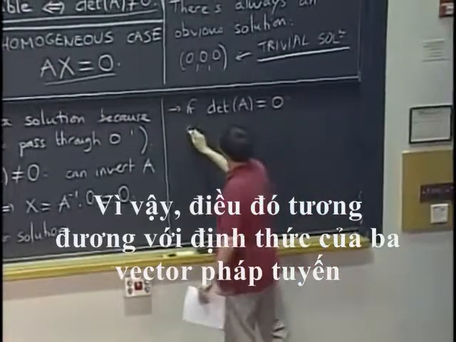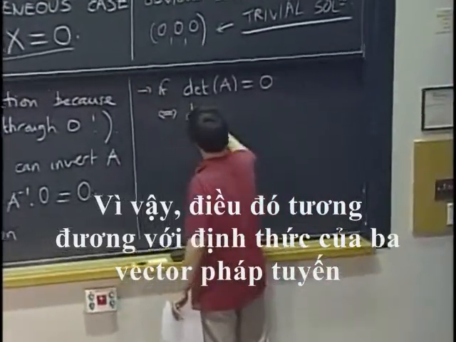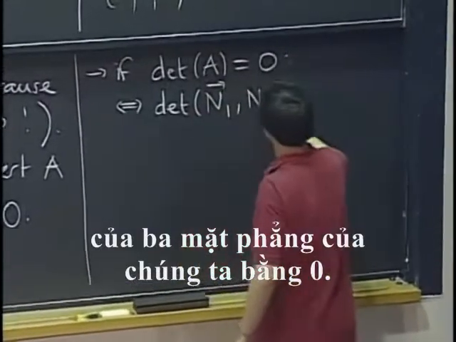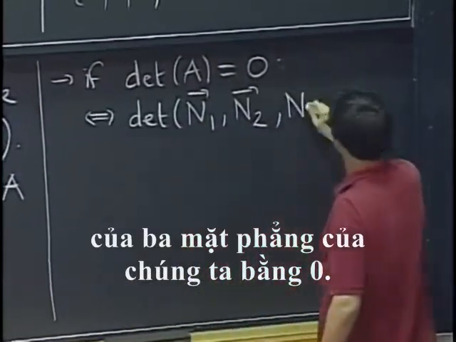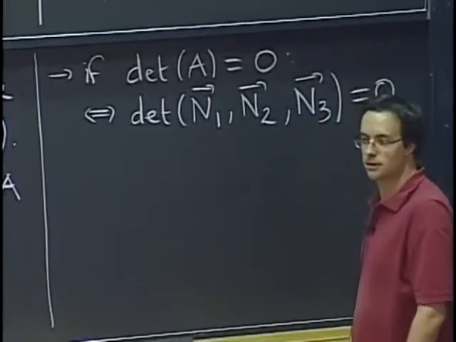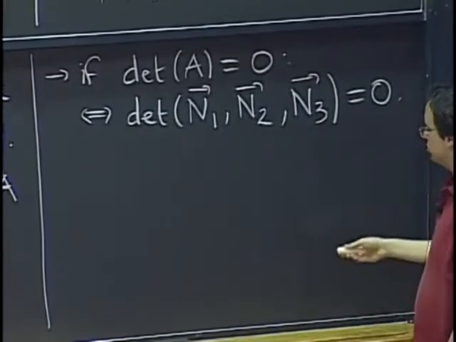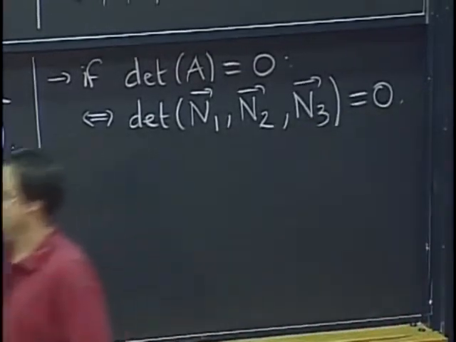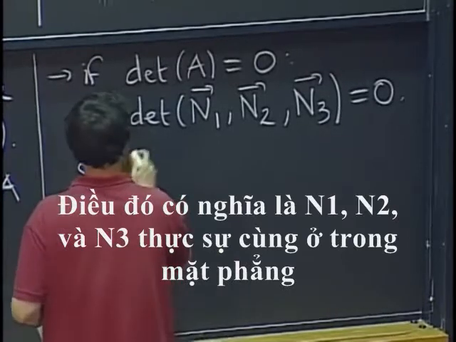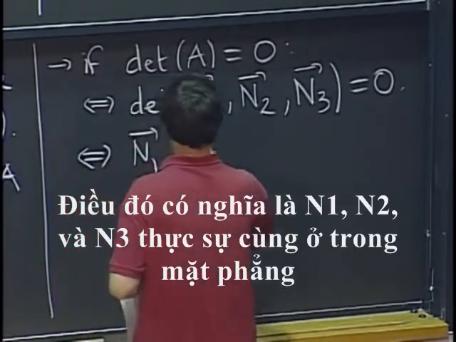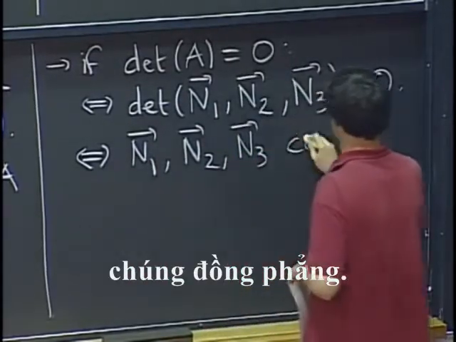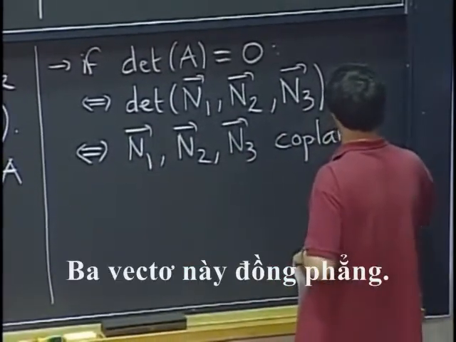So that's the same as saying that the determinant of the three normal vectors to our three planes is 0. That means that n1, n2, and n3 are actually in the same plane. It's called coplanar. These three vectors are coplanar.